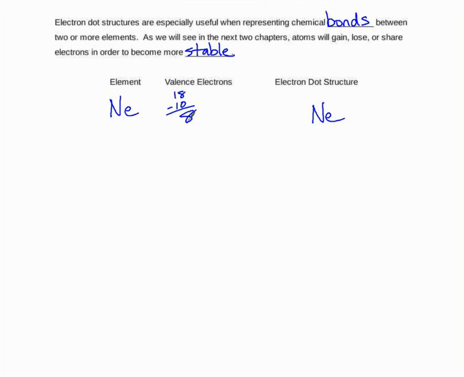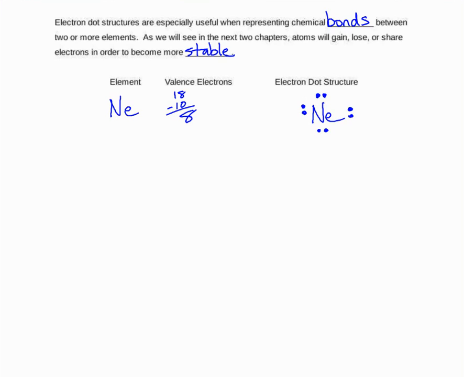And so I draw my 8 valence electrons, and I start here and say 1, 2, 3, 4, 5, 6, 7, 8. This is my neon with its 8 valence electrons. And if you'll notice, they are paired up into twos.